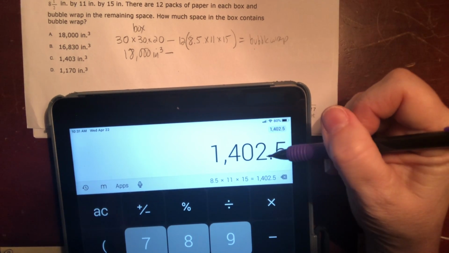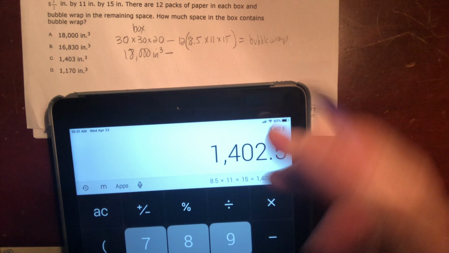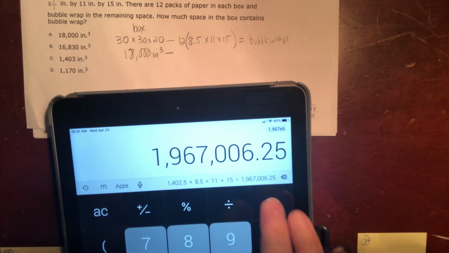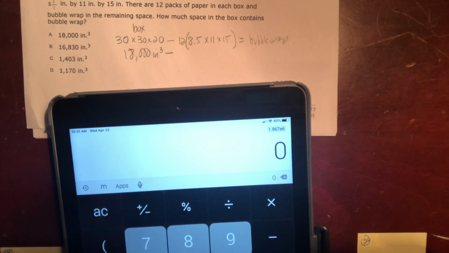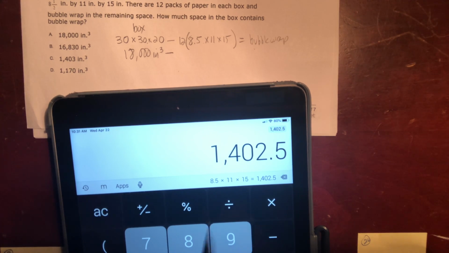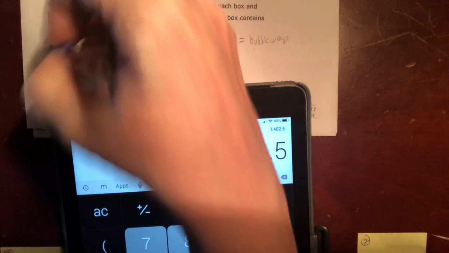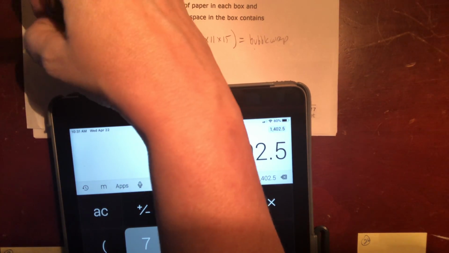Okay, let me try this again. 8.5 times 11 times 15. I hate these Apple calculators, I gotta say. I don't trust them that much. 8.5 times 11 times 15. All right. And you'll notice that this is one of the answers.